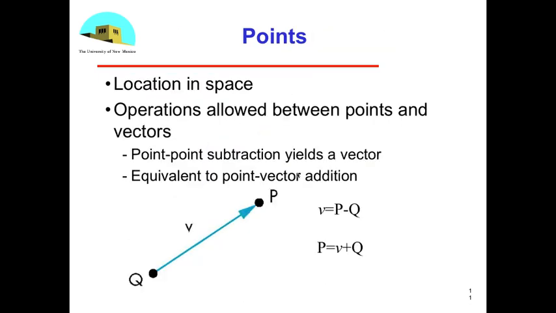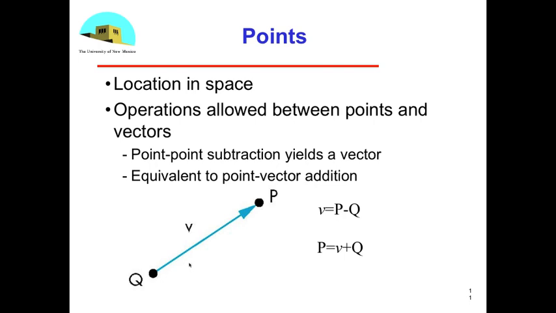So a point is simply a location in space, and there is one important operation between a point and a vector. You can look at this two ways. You can say it's point-vector addition or point subtraction, which are exactly the same thing. But let's define it this way. Suppose I have 2 points, which are 2 locations in space.